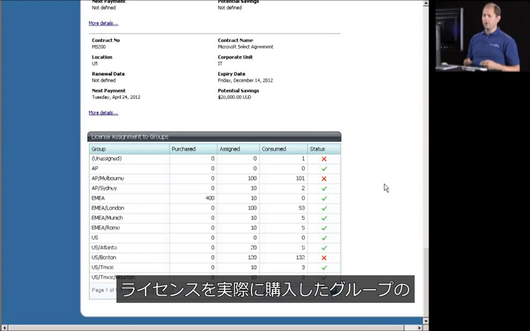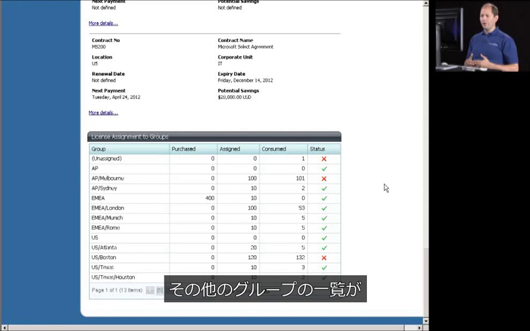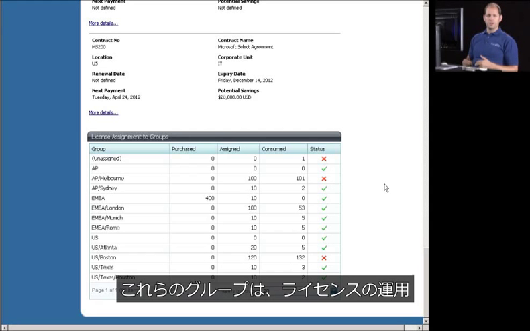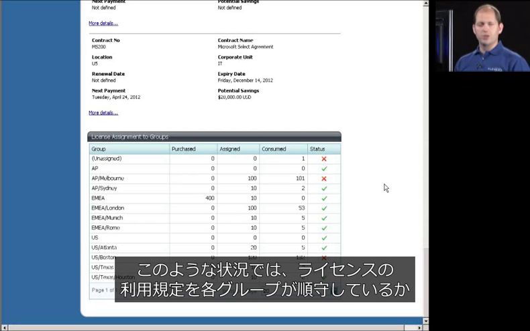So which part of the organization brought these licenses in, and an assignment of those licenses, so transferring those licenses within the organization, where allowed by the licensing conditions, to allow different parts of the organization to manage and consume their licenses and track that internally. And this gives you the concept of internal compliance for your software.